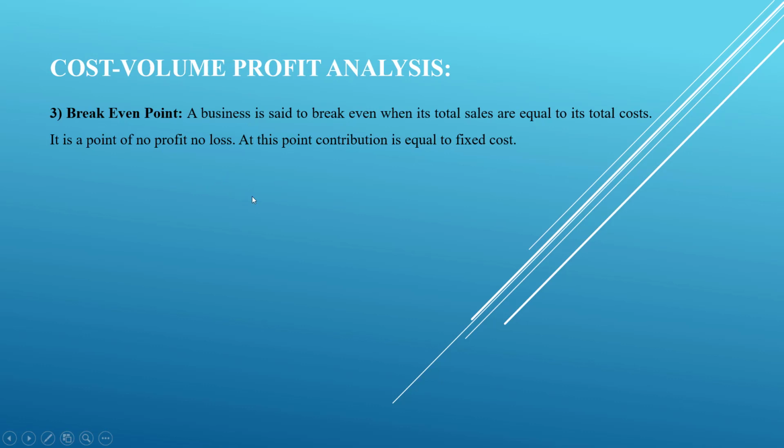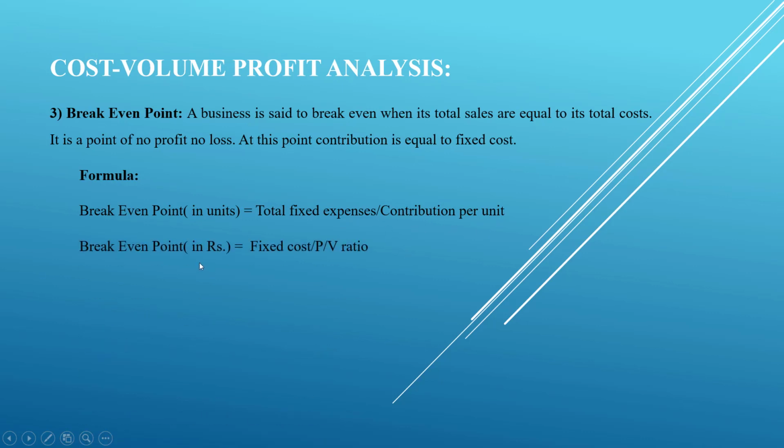Now for calculating break even point also, there is a formula. The first formula is break even point in units, on a per unit basis. That is the total fixed expenses, or you can say total fixed cost, divided by contribution per unit. Next is break-even point in rupees. Break-even point in rupees is fixed cost divided by PV ratio.